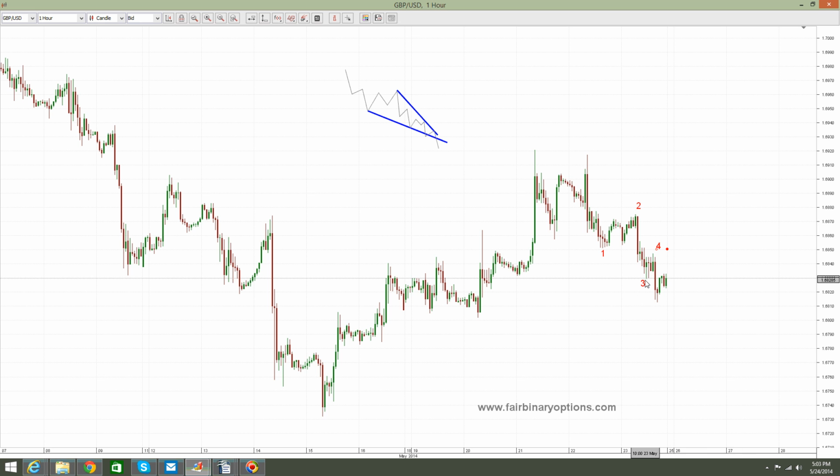Probably the third wave will be only this one here, something like this, 3, 4, and then of course the fifth.